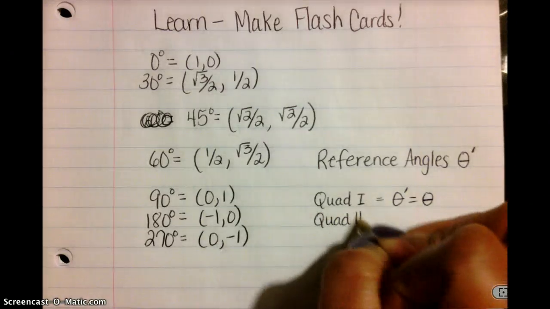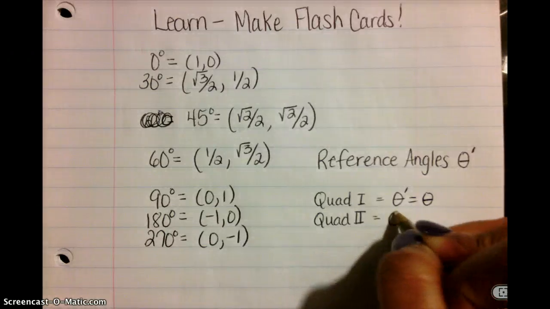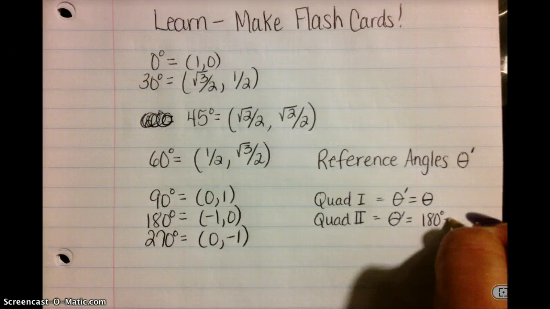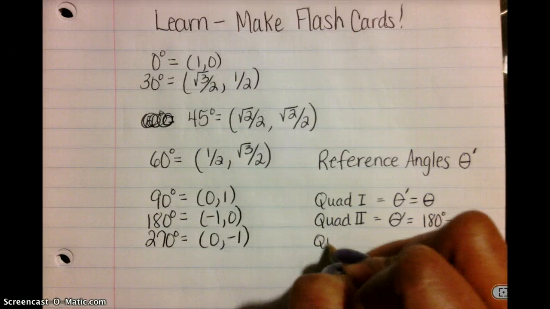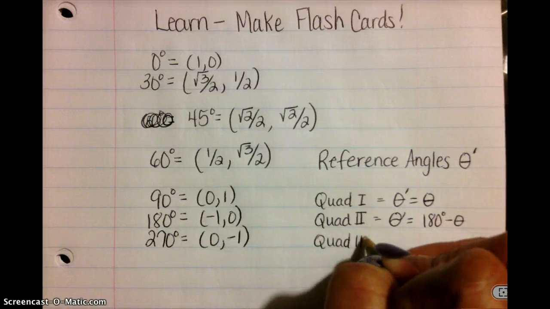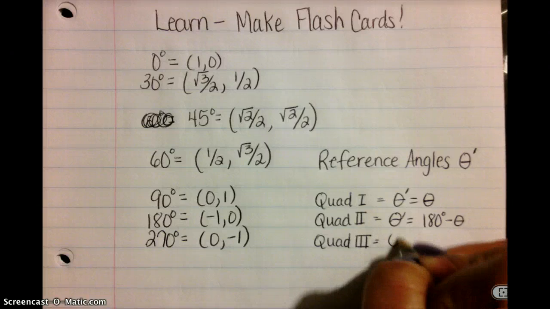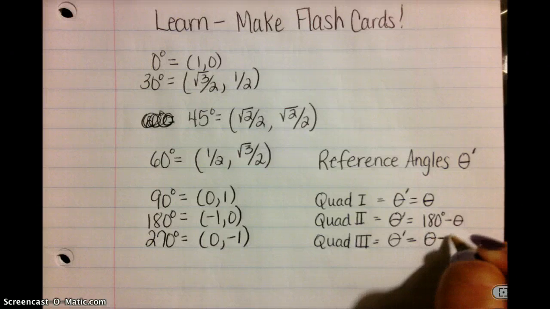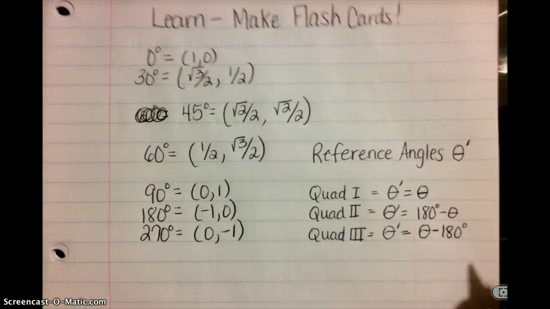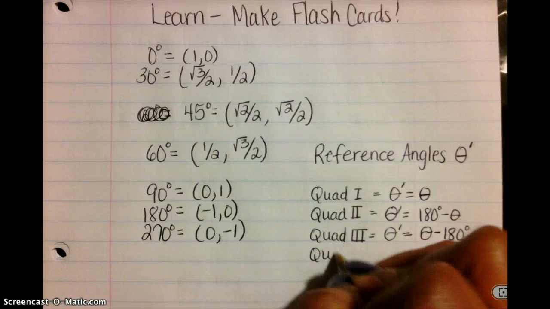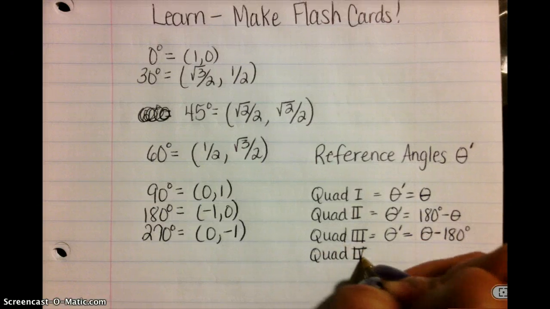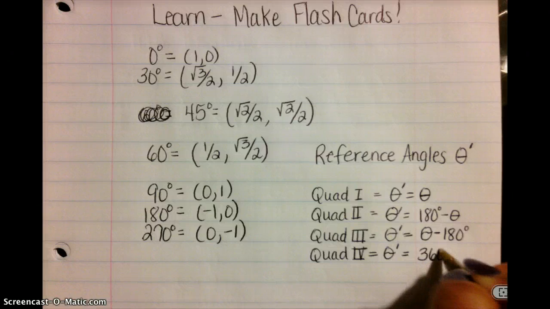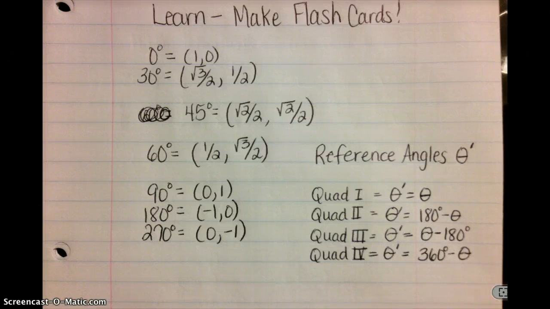All right, in quadrant 2, your reference angle is equal to 180 minus theta. In quadrant 3, your reference angle is equal to the given angle minus 180 degrees. And in quadrant 4, your reference angle is equal to 360 minus the given angle.